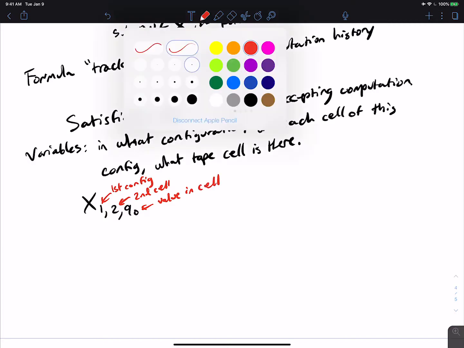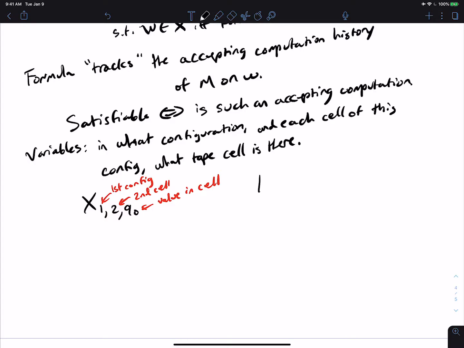So if you visualize what the configuration looks like, then it's some value first, which is, let's say, because it's in the second cell, there must be something before it. So maybe it's like blank, and then Q0 must be in the second cell, then maybe W3, W4, etc. So something like this.